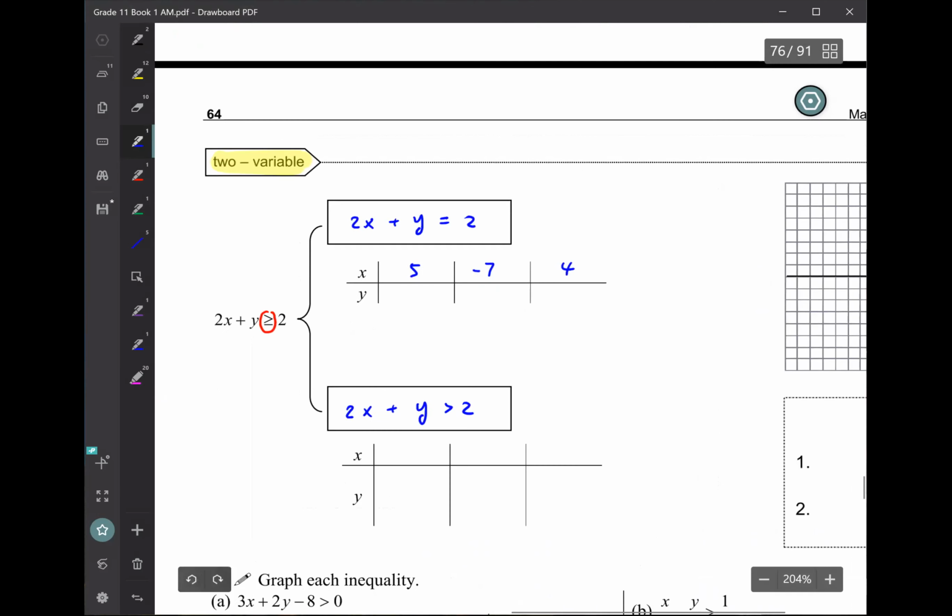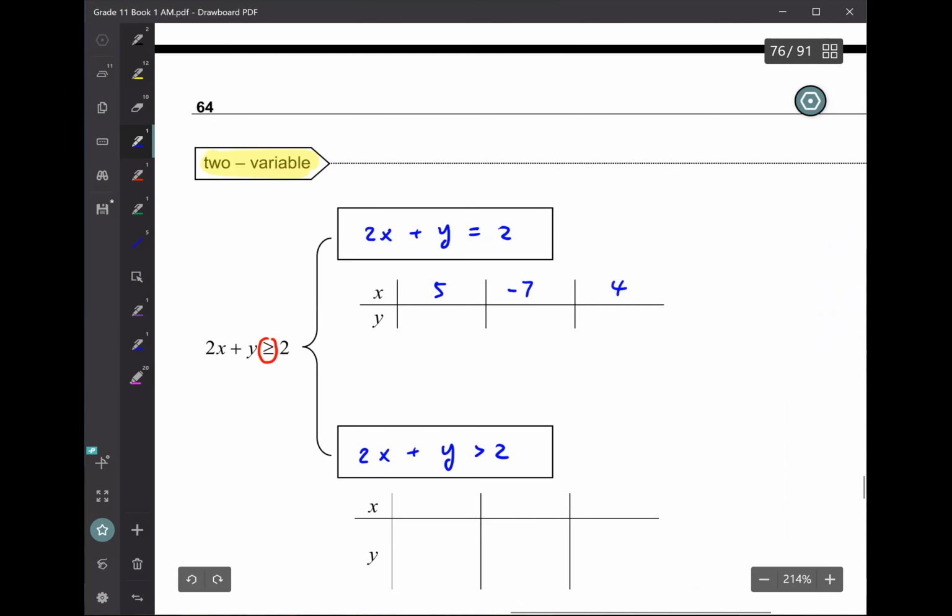All right, so now if those are the x values, I would like you to plug into the equation. For example, I plug the 5 into x. So I will have 2 times 5 plus y equal to 2. And then solve for y, because we want to find the point.